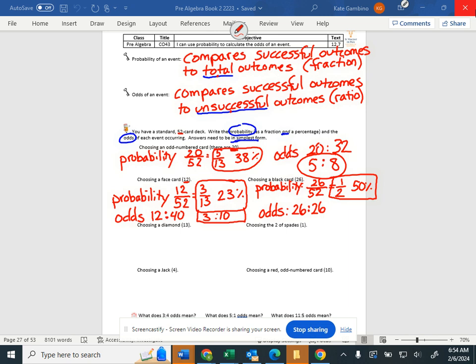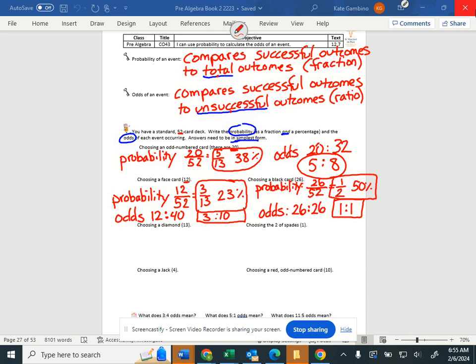So if I take out the 26 black cards, I'm left with 26 red cards, which is a 1-to-1 ratio. So again, you need your probability, you need and have it labeled, you need your odds and have it labeled, and you need to have them simplified. So I should see the fraction and percentage, and I should see your odds.